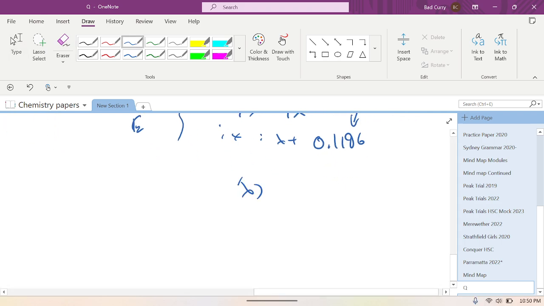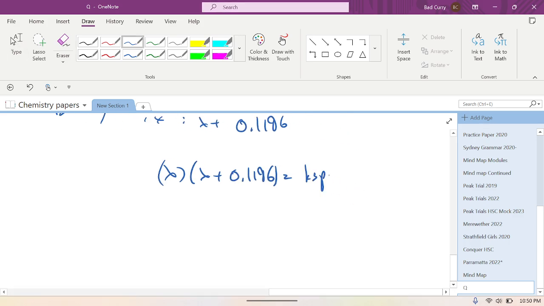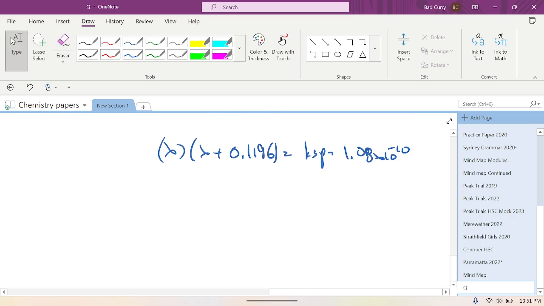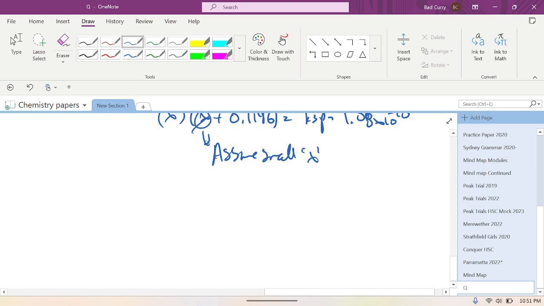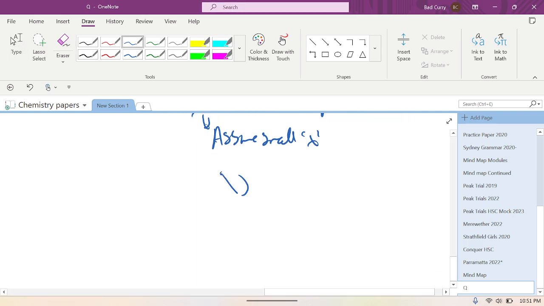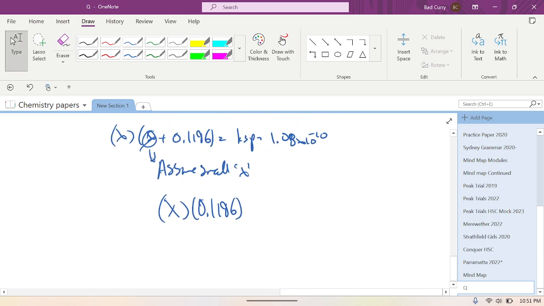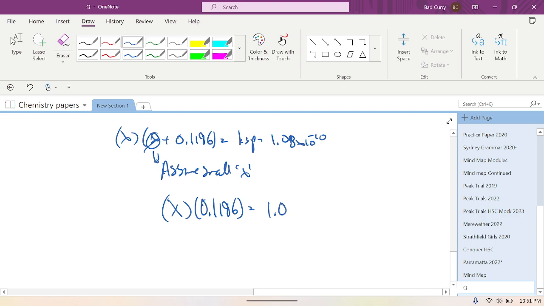So there you go. This is not equal to your Ksp, which is 1.08 times 10 to the negative 10. So you can assume small x, and you can get rid of this x, and you get x times 0.1196 equals 1.08 times 10 to the negative 10.